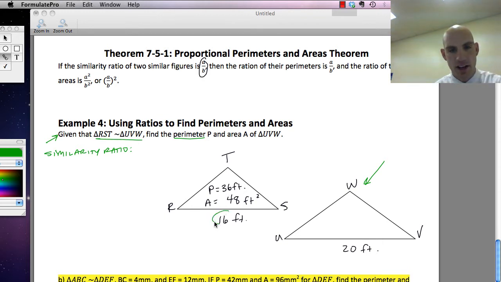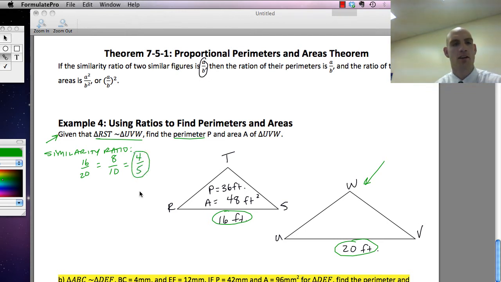So I take this side, 16, and put it over 20, and that gives me the similarity ratio. I'm going to reduce that, and it's okay to reduce by 2's. If you don't know what goes into what already, just reduce by 2's. So the similarity ratio is 4 over 5.